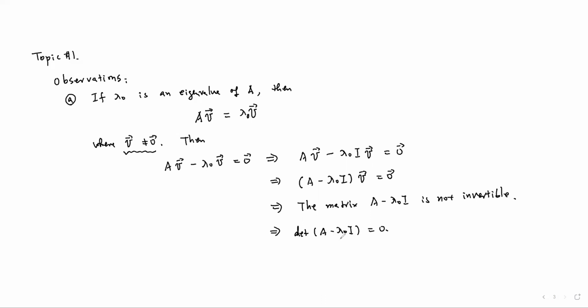Determinant is a number. This number determines whether a matrix is invertible. Now, second observation.